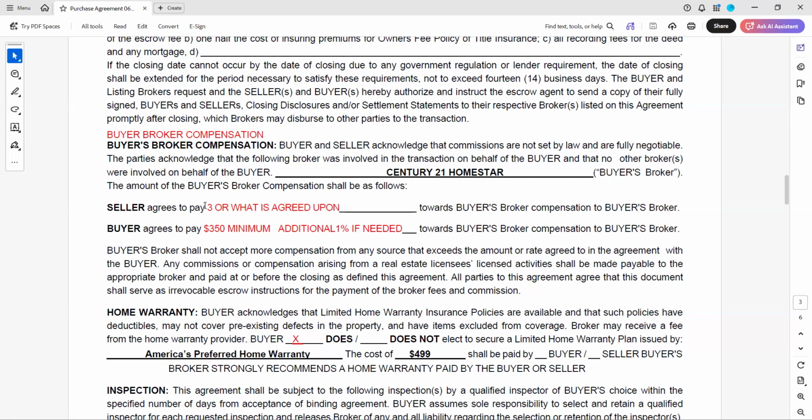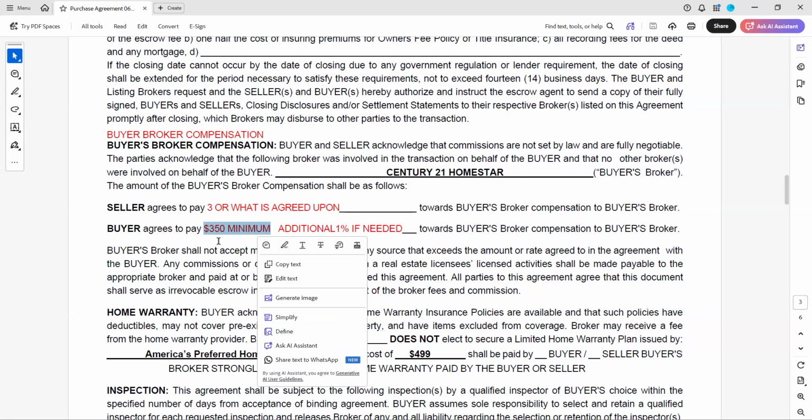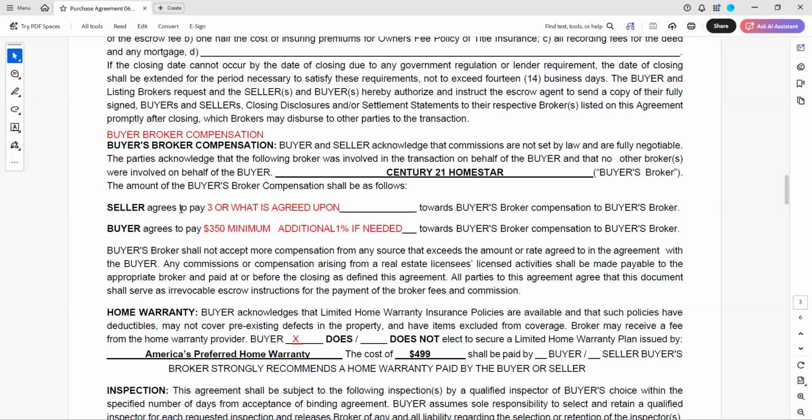Sellers agree to pay whatever they're going to agree to pay, 3% or whatever is agreed upon. And the buyers, you're going to have at least your $350 minimum fee there. So you have to have your office fee listed on here. If you recall, it's going to be on your buyer agency agreement. It also has to be listed on here.